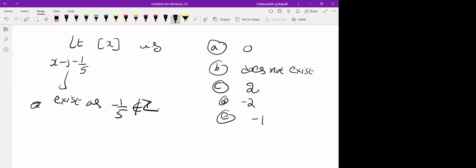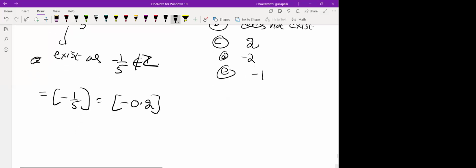Then what is the value? I told you to replace. So it will be equal to -1/5. That is -0.2. స్టార్టింగ్ లో ఒకటి చెప్పాను, whenever it is negative, ఇక్కడ ఇంటీజర్ ఏమైంది? ఇది 0 అయింది. సో నెగిటివ్ అయింది ఇక్కడ, -0 + 0.2.